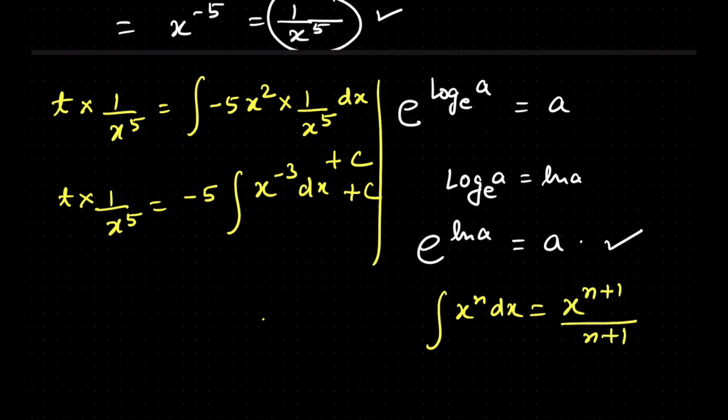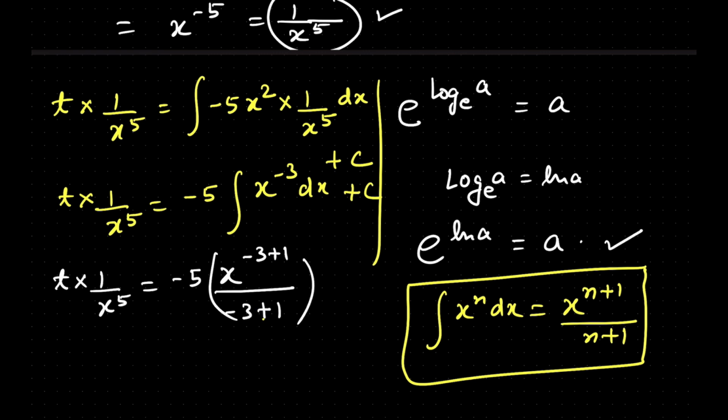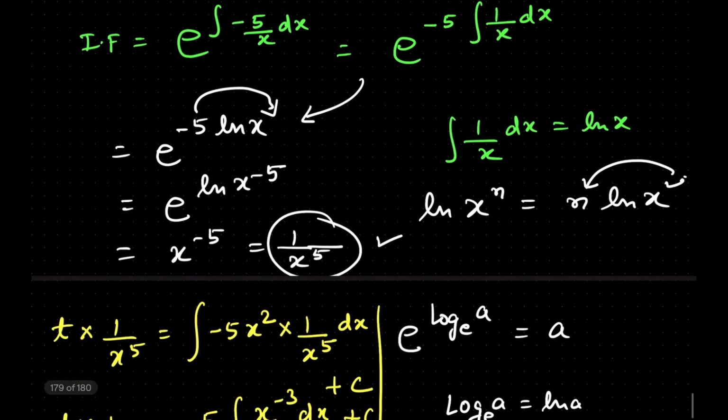Using this simple formula of integration, we can write t into 1 by x to the power 5 is equal to -5 x to the power of -3 plus 1 divided by -3 plus 1 plus c.